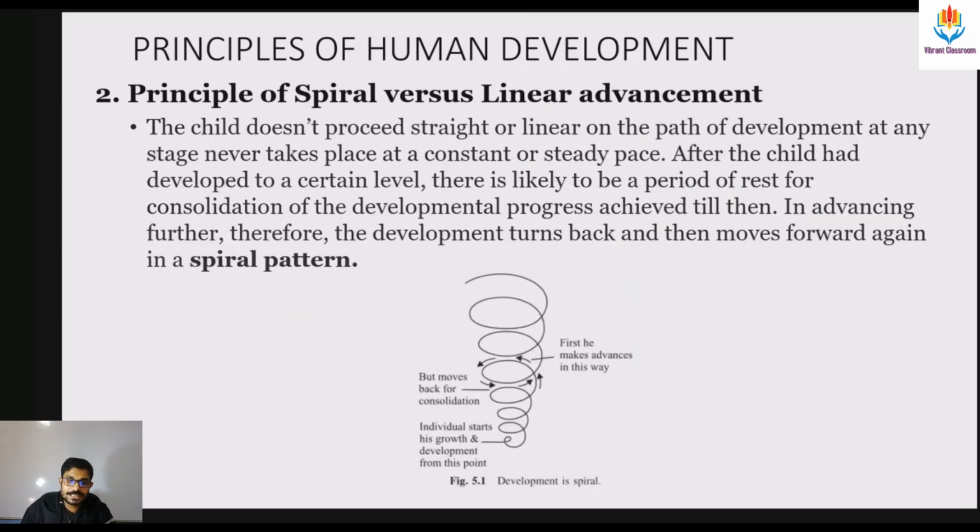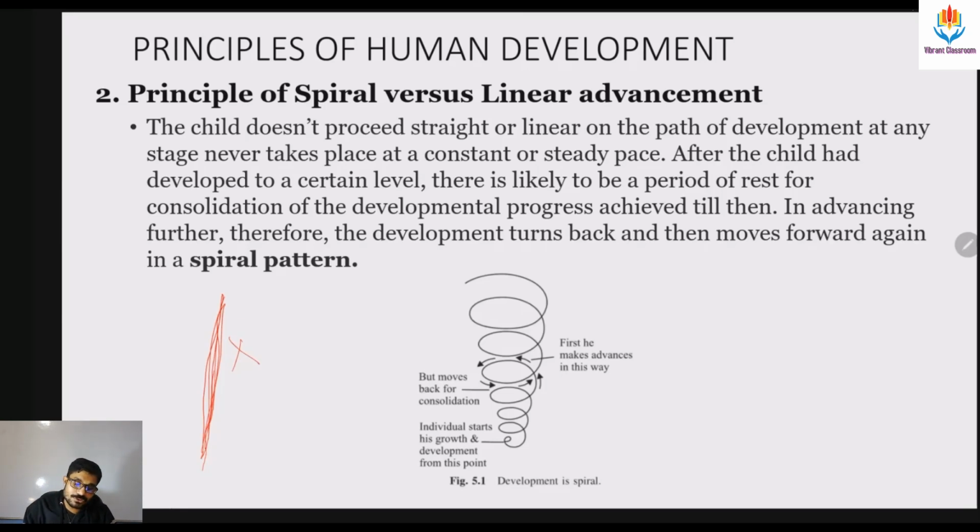Then come to the next point, the principle of spiral versus linear advancement. If we consider the concept of linear development, that means a straight line. But psychologists believe development is not a linear process.